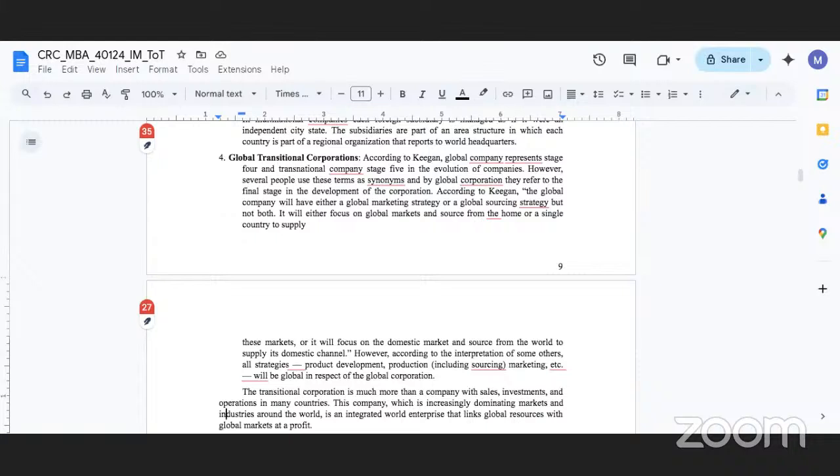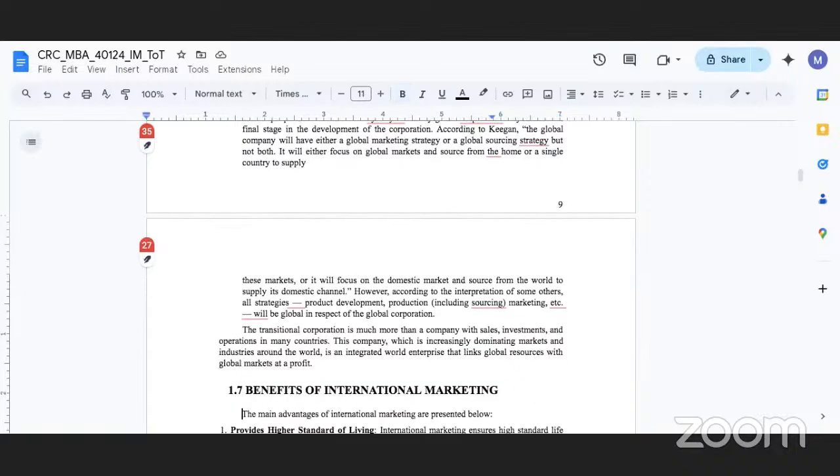What I'm looking at is truly a global marketing strategy or a global sourcing strategy, depending on what I'm trying to do. Whether I'm trying to source my input products or parts from different companies, or am I looking at selling my product to different countries? I'm looking at a global marketing strategy or a global sourcing strategy, but not both.